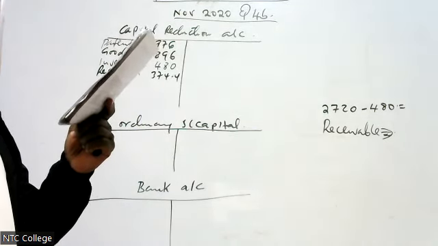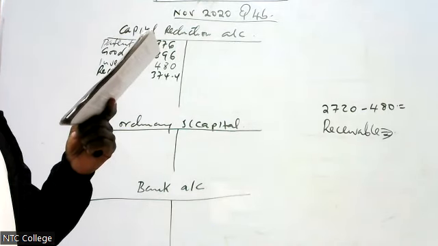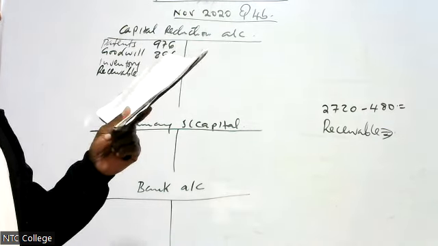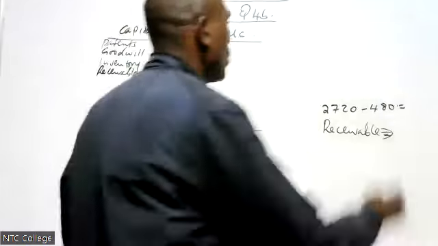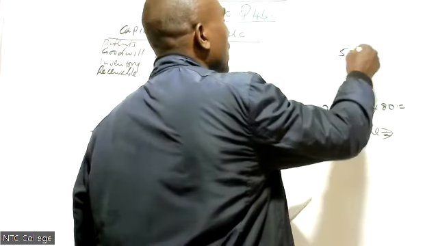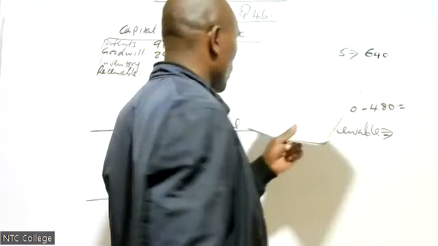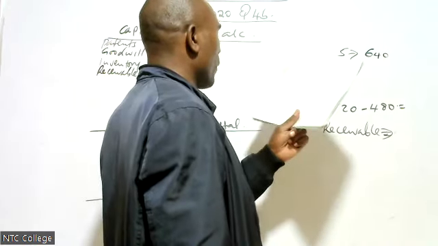Then examiner continues to say the remaining freehold property is to be revalued at shillings 2480 million. Now, when you go to note number 5, we reduced freehold by an amount of 640.